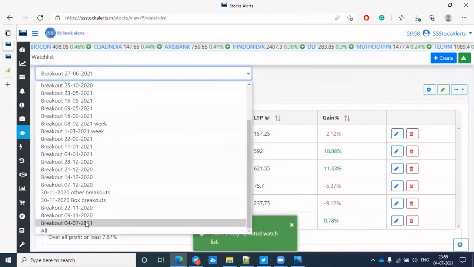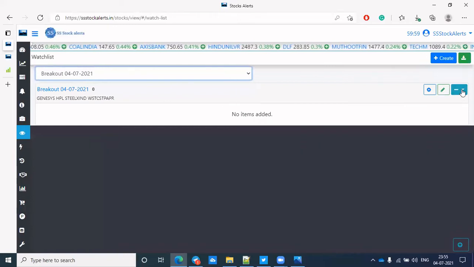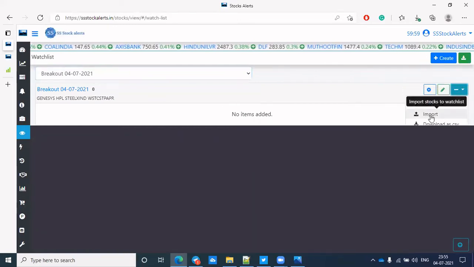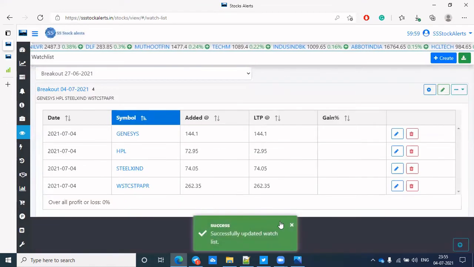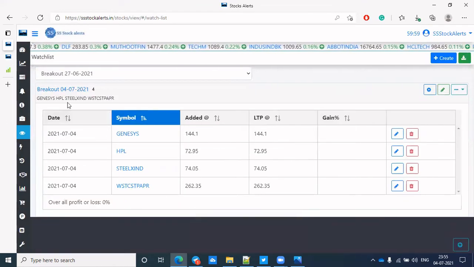You can see the watch list is created. Go here and import. Add these four stocks: enter a stock name and click enter, then enter another stock name and enter. You can enter the four stocks and click on import, and these four stocks will be imported to your watch list.